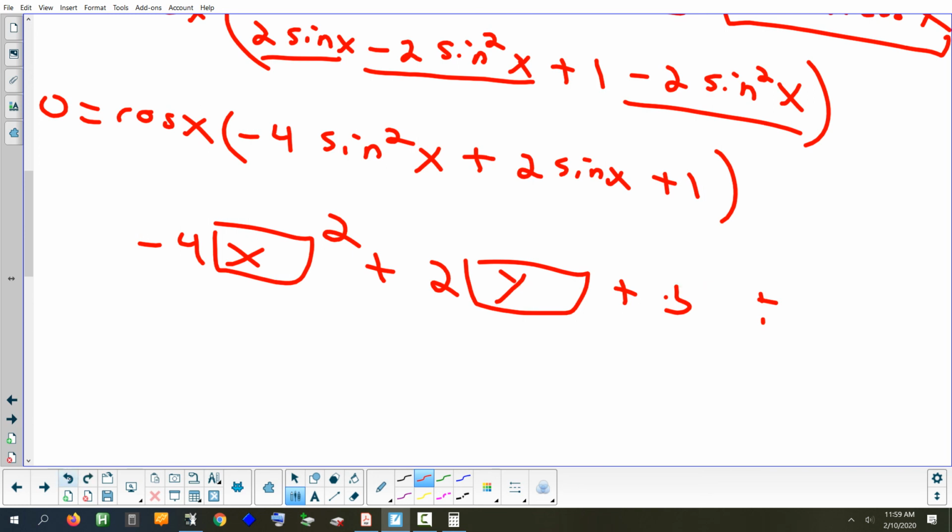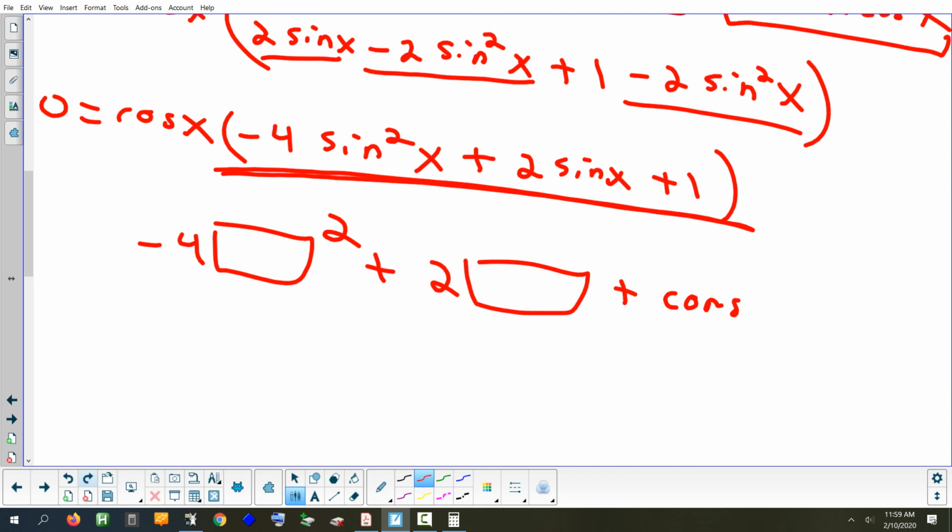So anytime that you have something that looks like that, that is a quadratic equation to solve. Specifically, a is negative 4, b is 2, c is 1. And you use the exact same quadratic formula to do it. So I'm just going to write that off to the side. A is negative 4, b is 2, c is 1.